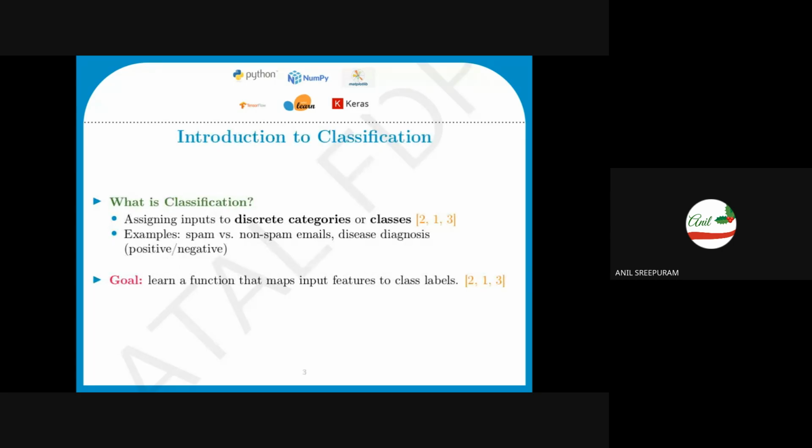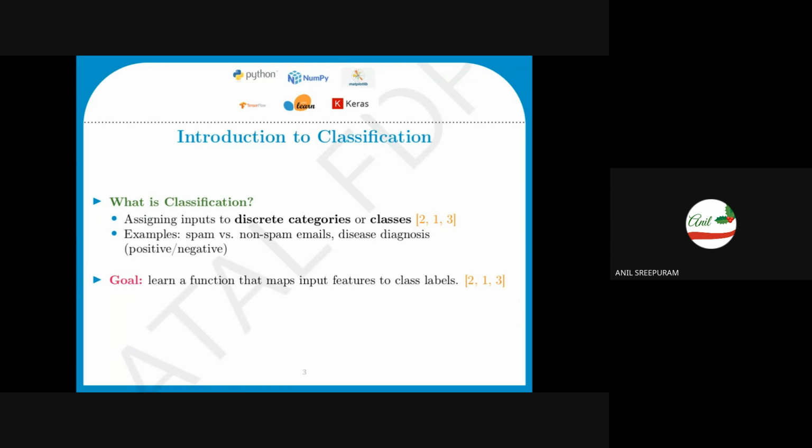Now, you all know what is actually classification. So we'll be having some inputs. These inputs may belong to some discrete categories. Like the simplest one is, say we may be having the values of eosinophilia, ESR, and uric acid.